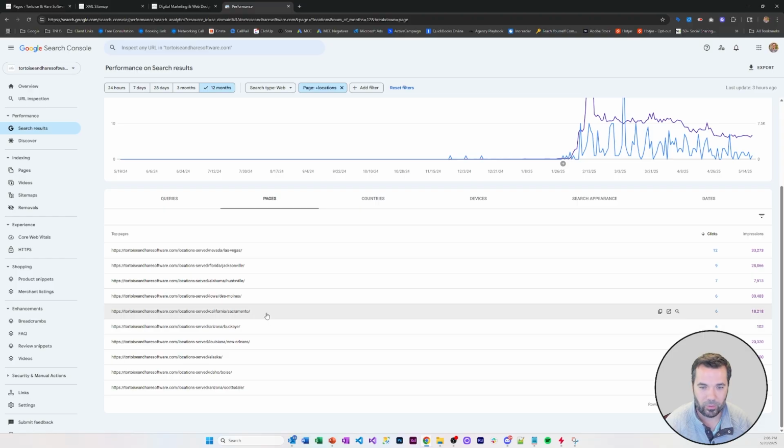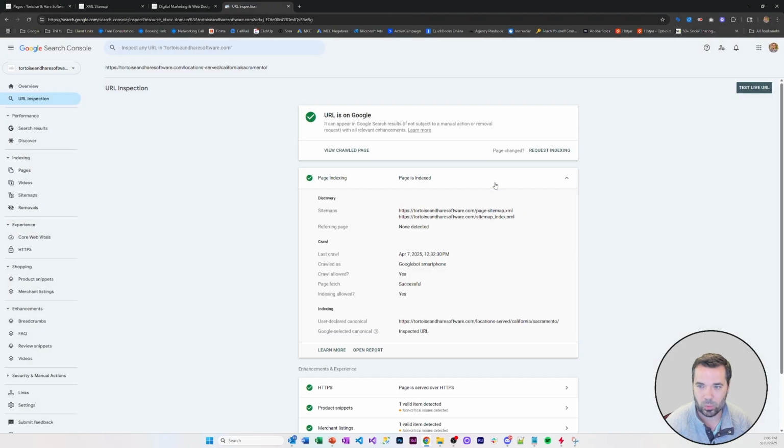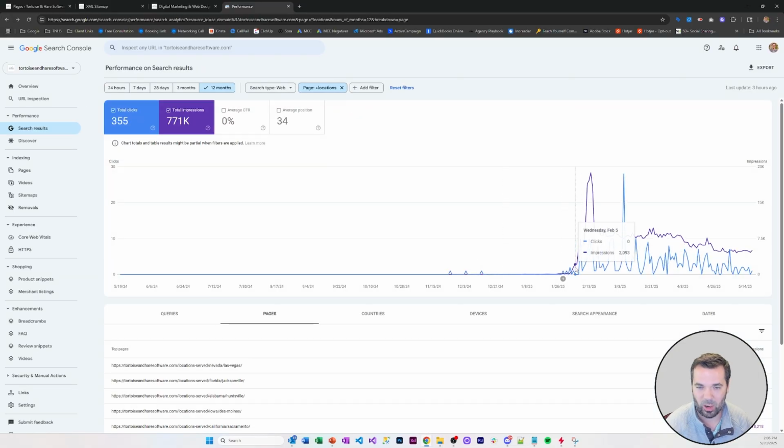if I look at a lot of them, you'll see that they haven't even been crawled since this one hasn't been crawled since April, but I published a lot of these pages in February. Many of them haven't even been crawled since their initial footprint.